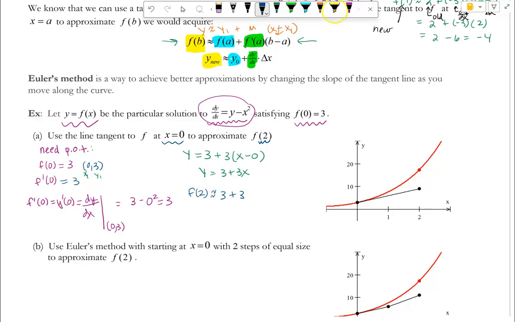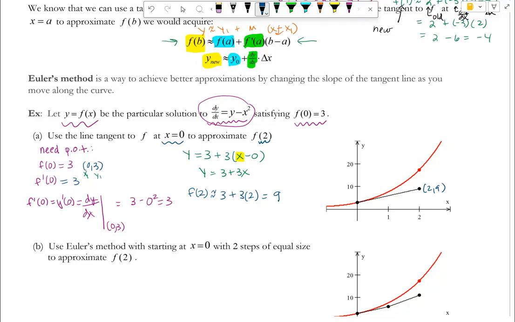Because again, in my original tangent line, if I plug in 2 for x, I'm going to get 2 minus 0. All right, so we get our approximation, and that is 3 plus 6, which is 9. So on this illustration, this black line segment here represents our tangent line approximation. So this ordered pair right here is 2, 9. And we can see that that's pretty far off.